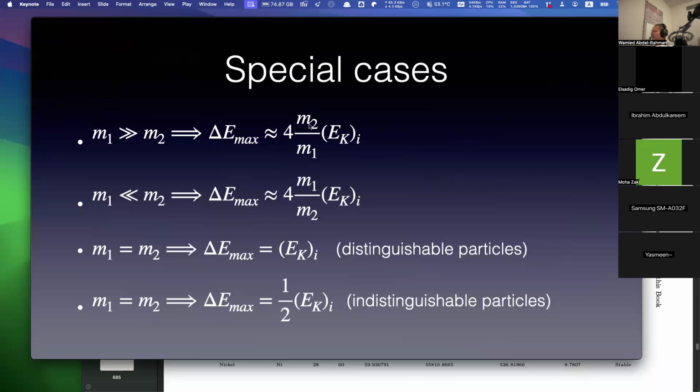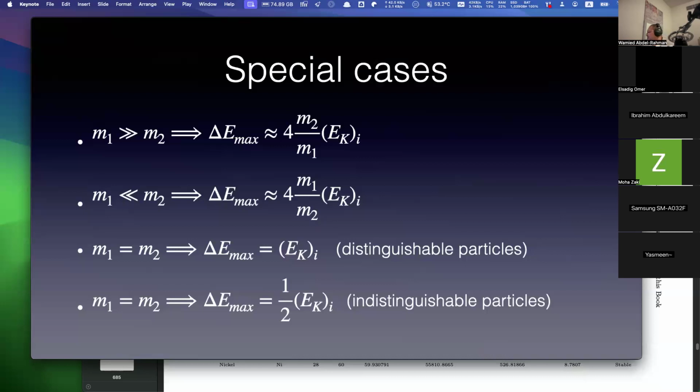Mass of an electron is 0.5, and the mass of proton is roughly 2,000. So this ratio is going to be 4,000. 4 over 4,000, this is like 1 over 1,000. So it's even smaller. And here we have the same thing, the mass of an electron and the mass of proton, this ratio. Now I'm confused, okay?